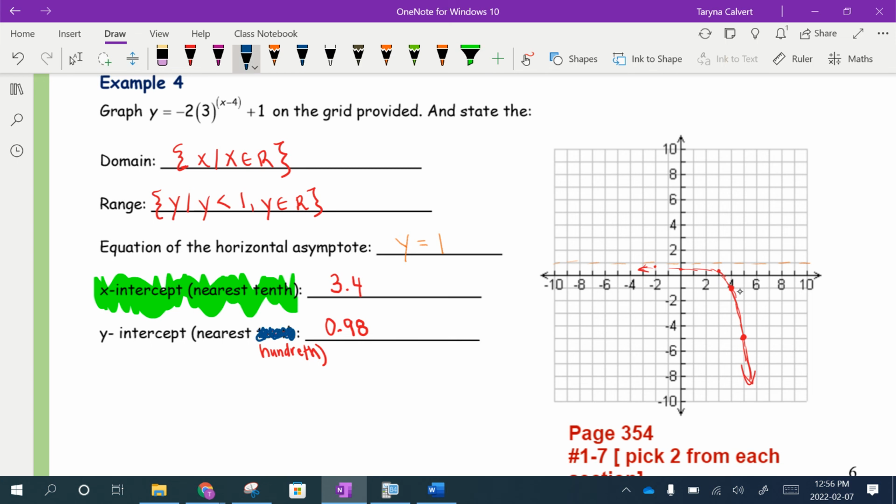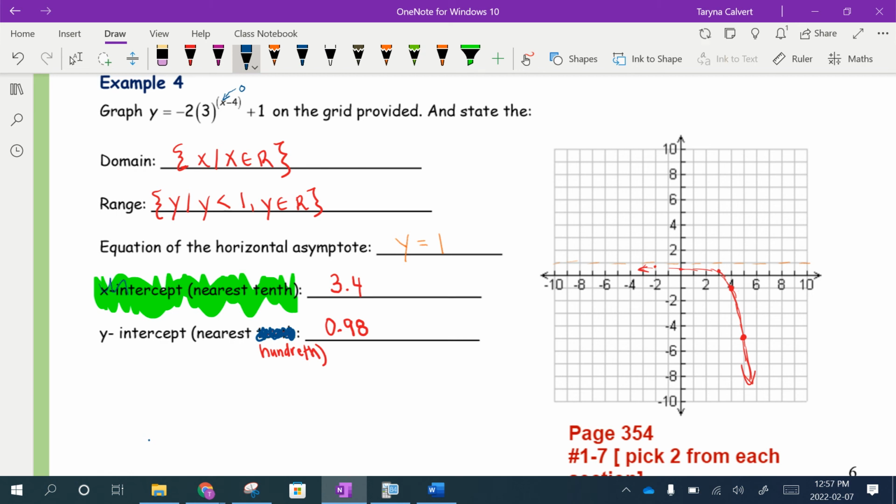So this one here, to do your y-intercept without using your graph, you would have just let x equal 0, and then still used your calculator and typed all that in. So if you went negative 2 bracket 3 to the exponent of 0 minus 4 close bracket plus 1, you would have got 0.9 blah, blah, blah. It was really, really close to 1.